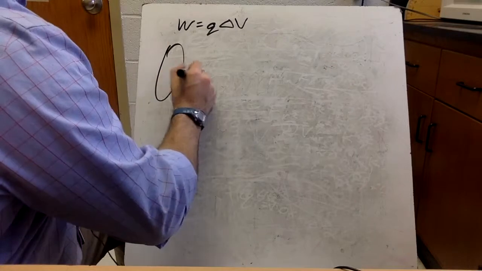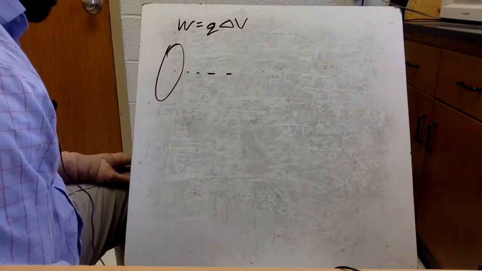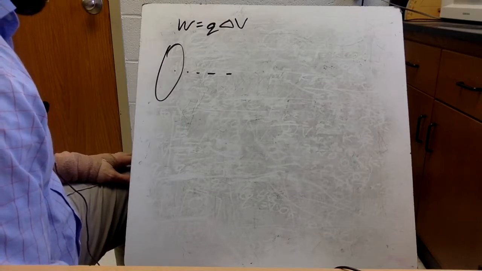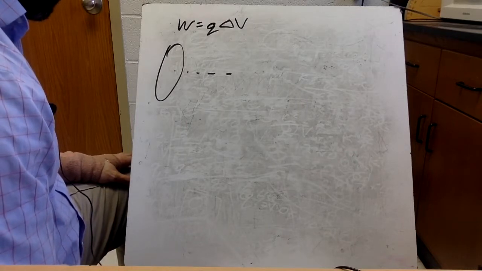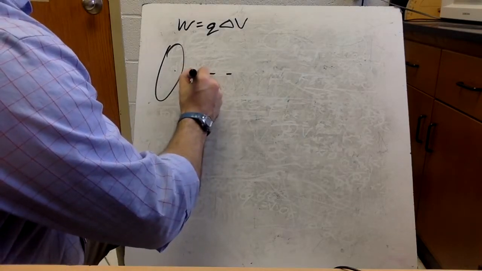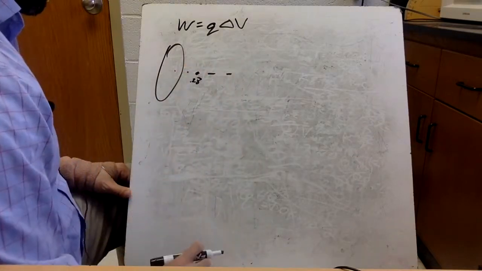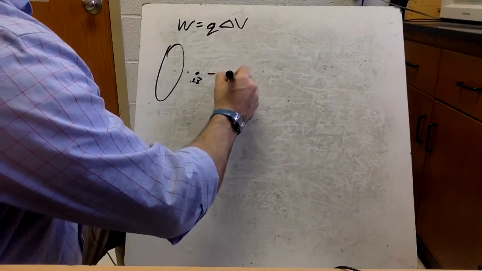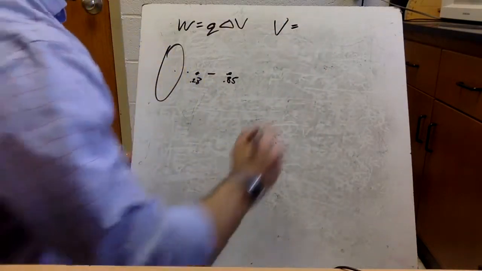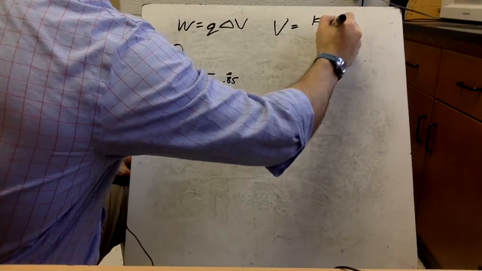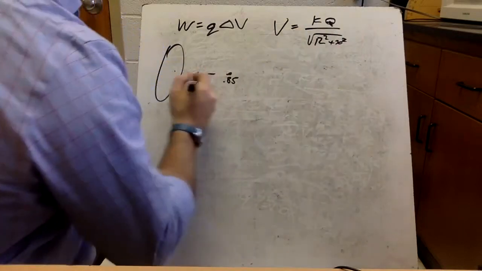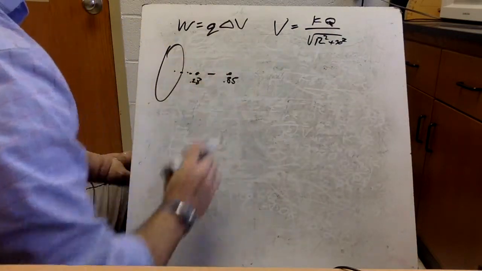Okay, so here's the ring, and we want to know how much work must be done to move the charge on the axis of the ring from 28 centimeters to 85 centimeters from the plane of the ring. The potential due to a ring is given by KQ over the square root of r squared plus x squared, where x is your distance on the axis away.